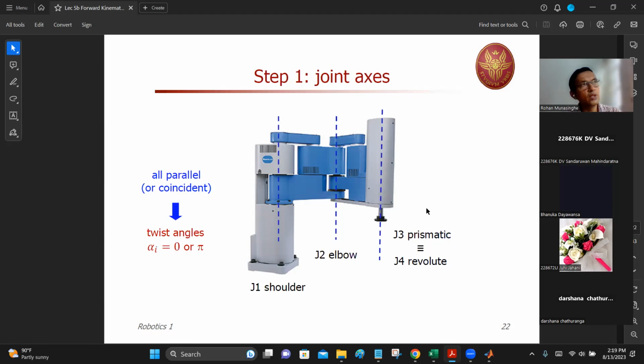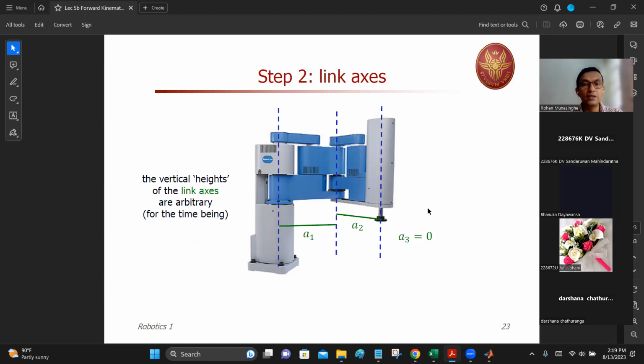All right, so figure out the axes and the distances. This is the distance from Z0 to Z1. This is A1, the first link. Then Z1 to Z2, along this direction, is A2.